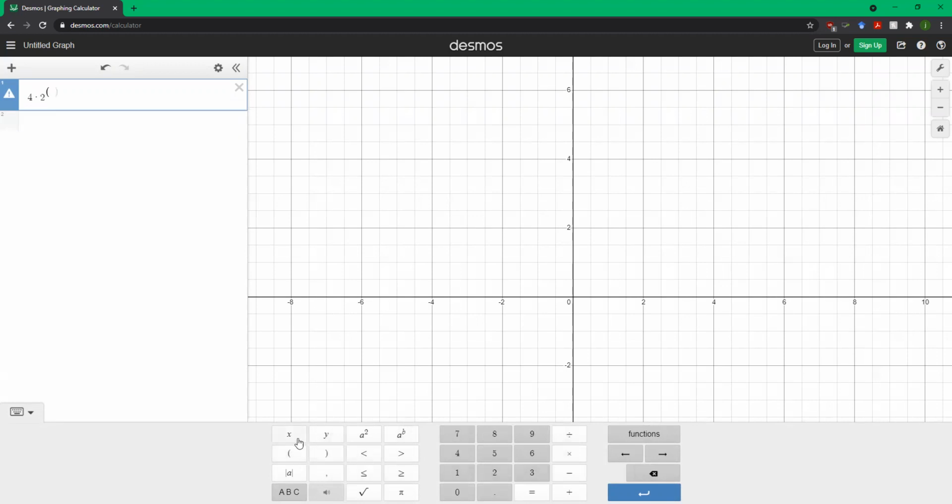Otherwise, if I do x minus 1 without parentheses, it automatically brings me back down to the base, to the regular line, and that's not where we want to put the -1. That's just the thing that Desmos does. It's really only a Desmos thing. A graphing calculator wouldn't do that, right? So we'll need parentheses around that so it doesn't freak out on us.